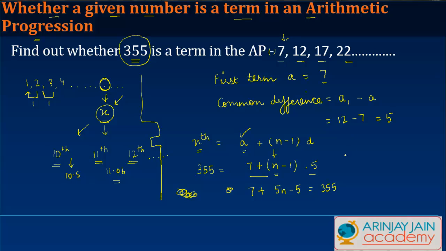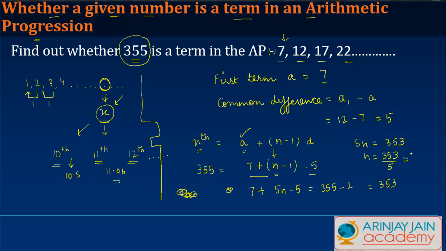Right? Or simply 5n is equal to 355 minus 7 plus 5, that is 355 minus 2, or 353. So 5n is equal to 353, or n is equal to 353 divided by 5, right?